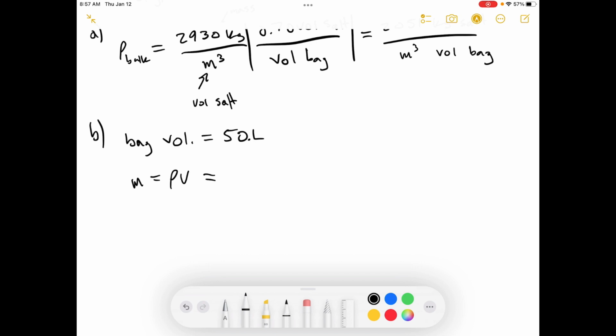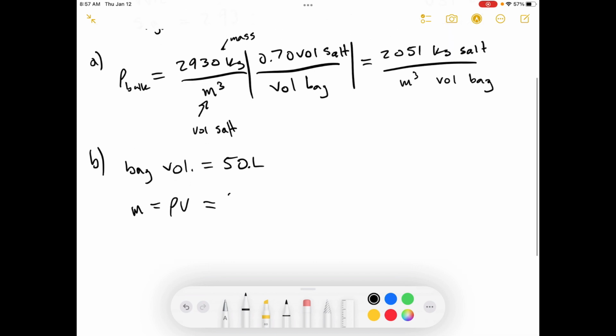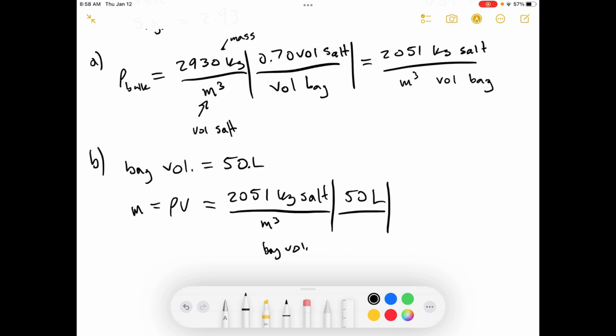We've got our density here, which is 251 kilograms of salt per meter cubed of bag volume, and we need to multiply it by the total bag volume, which is 50 liters. There are 1,000 liters in 1 meter cubed.